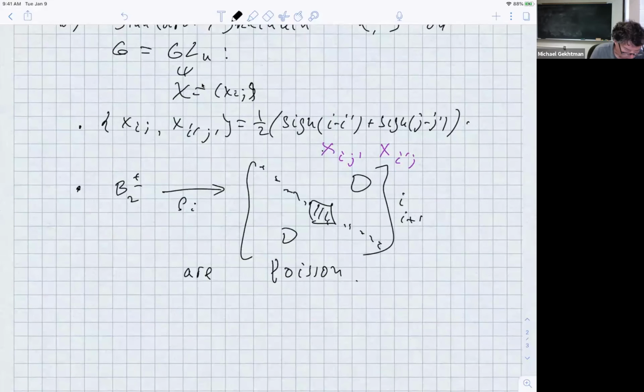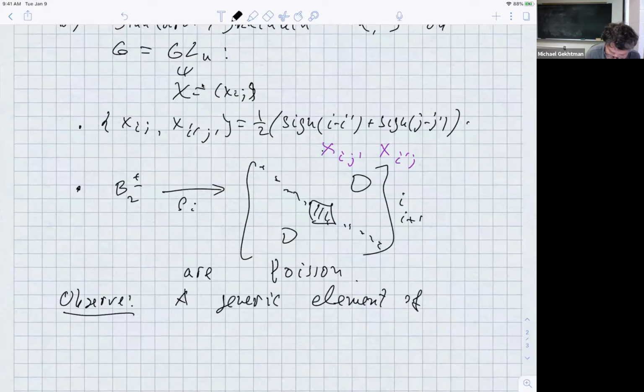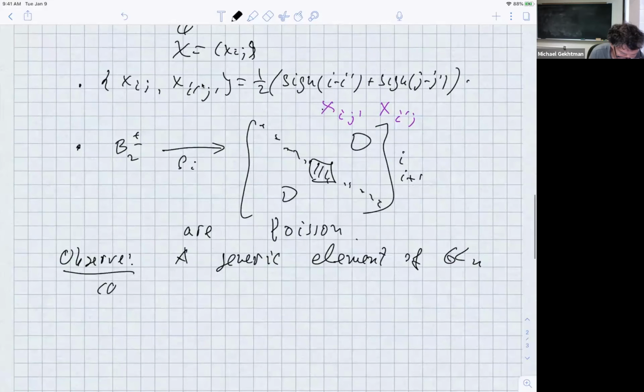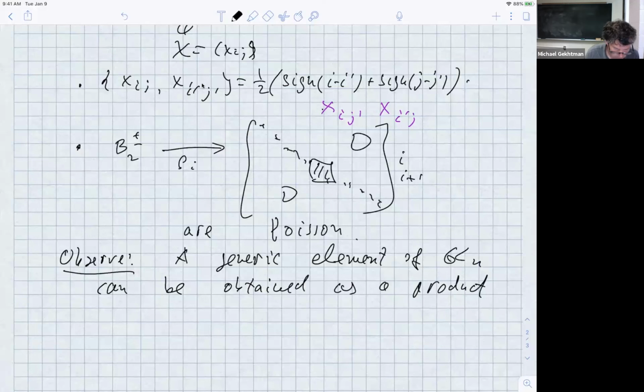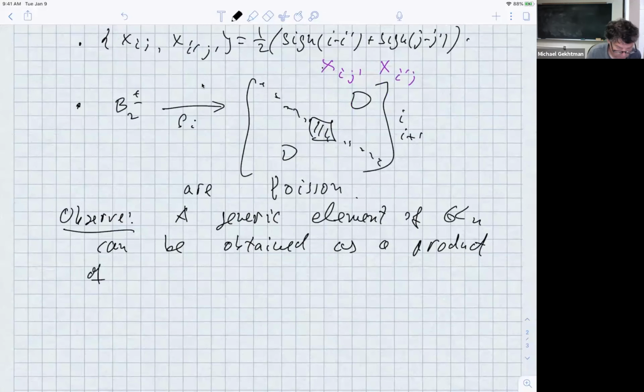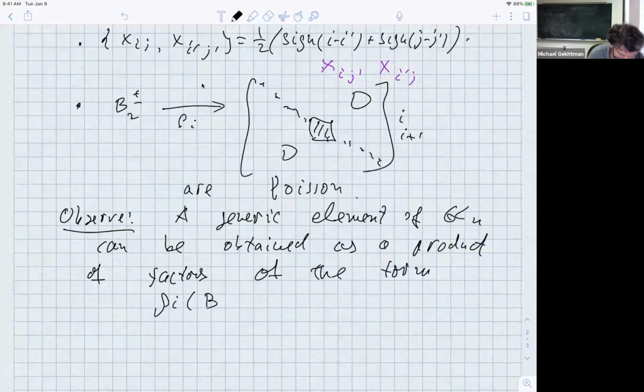We also can observe that a generic element of GLn can be obtained as a product of factors of the form rho_i of B2 plus or minus.